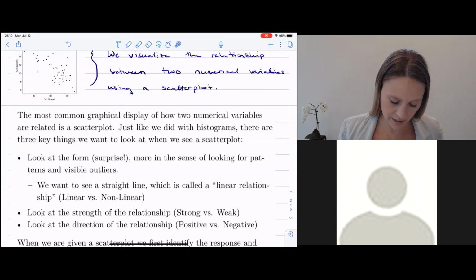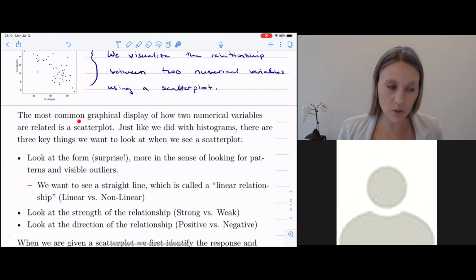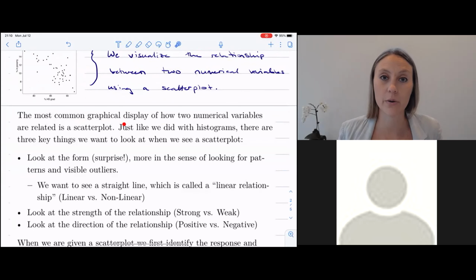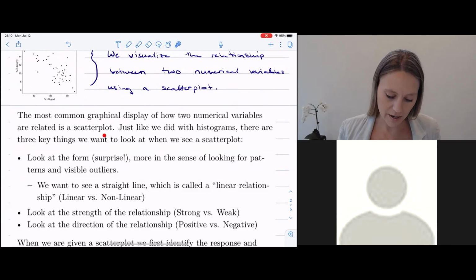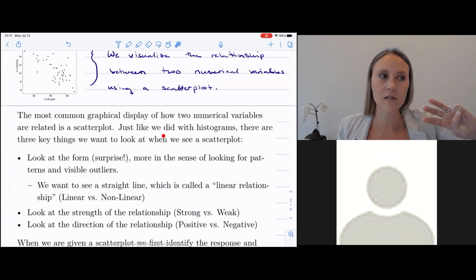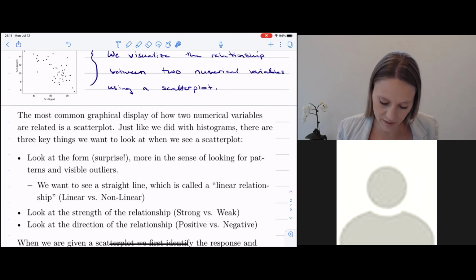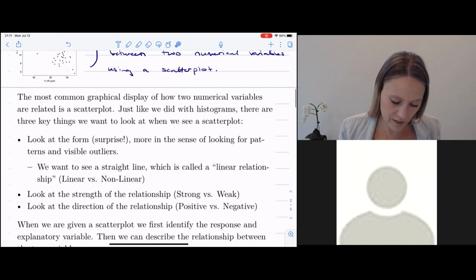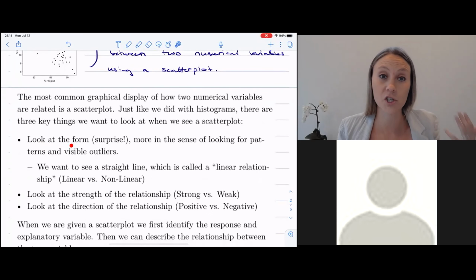Okay, so like I said, the most common graphical display of how two numerical variables are related is the scatter plot. And just like we did with histograms, there are going to be three key things that we have to look at and consider when we see a scatter plot. And so the first thing is very similar to the shape.